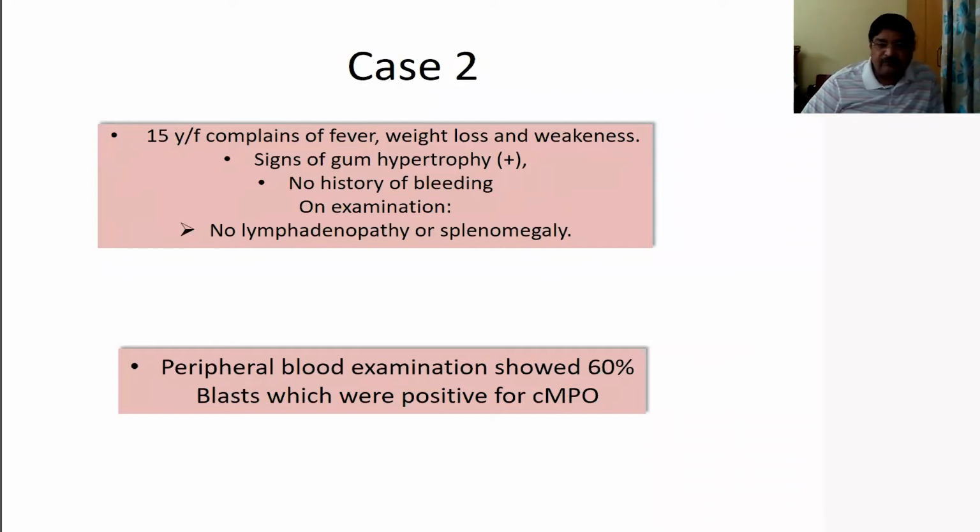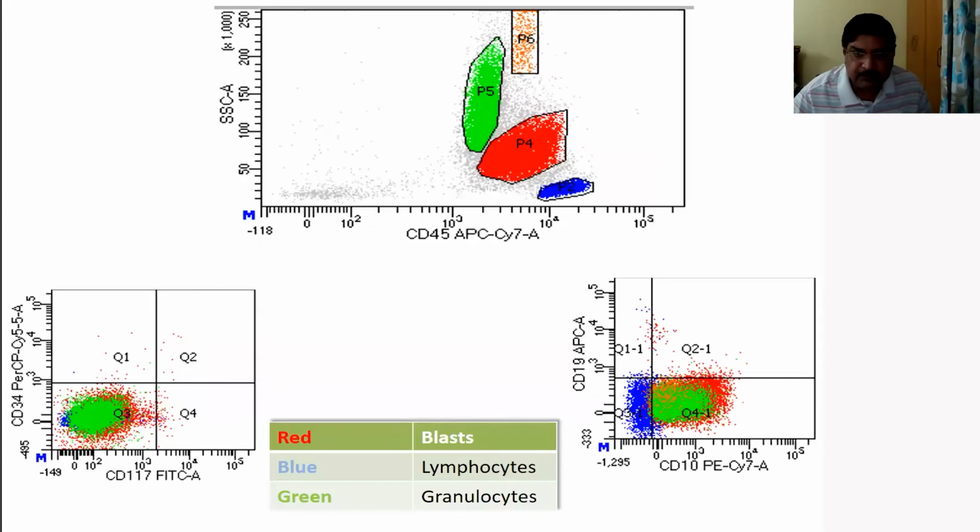In case 2, you have a 15-year-old female who complains of fever, weight loss and weakness, with signs of gum hypertrophy, and no history of bleeding. On examination, the patient has no lymphadenopathy or splenomegaly. The peripheral blood smear showed 60% blasts, which were positive for MPO. So the diagnosis is simple.